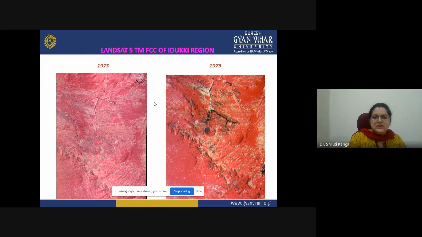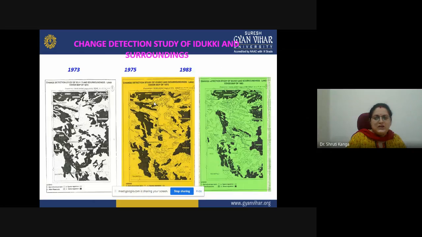Okay, so these are the images which they have used, and these are the change detections in and around the study area. If you see this forest, it is this much in 1973, whereas this area has converted into some other area. That means this forest area has reduced.